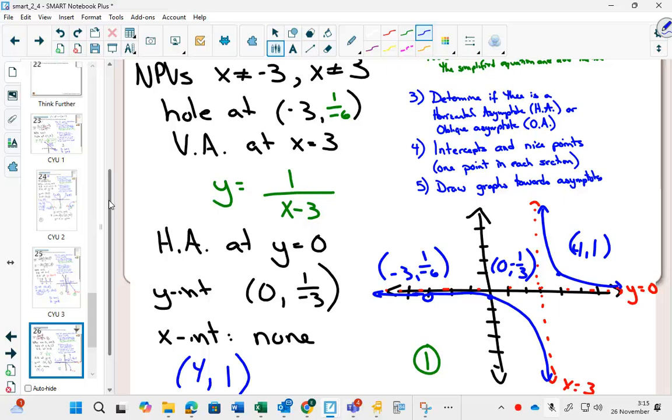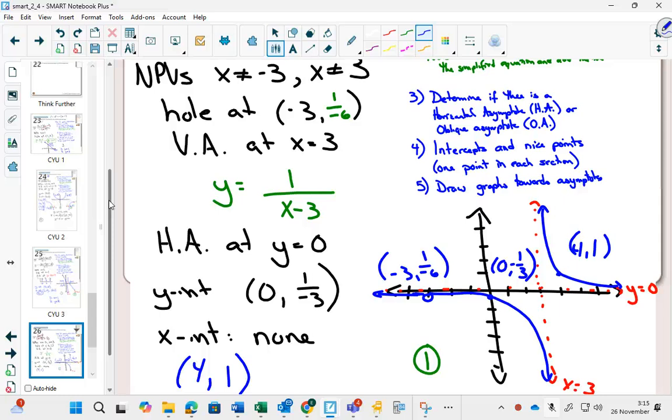I find that the provincial exam really likes questions like this one, because you're still got a rational graph to graph in the end, but you add a hole to it. So they really like to add the hole to something you already know how to graph. Alright, so this one you have question 4 plus what?